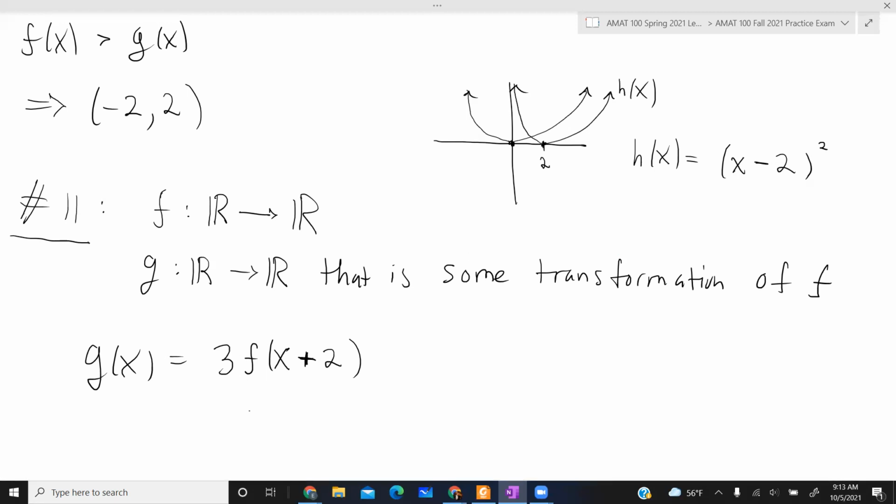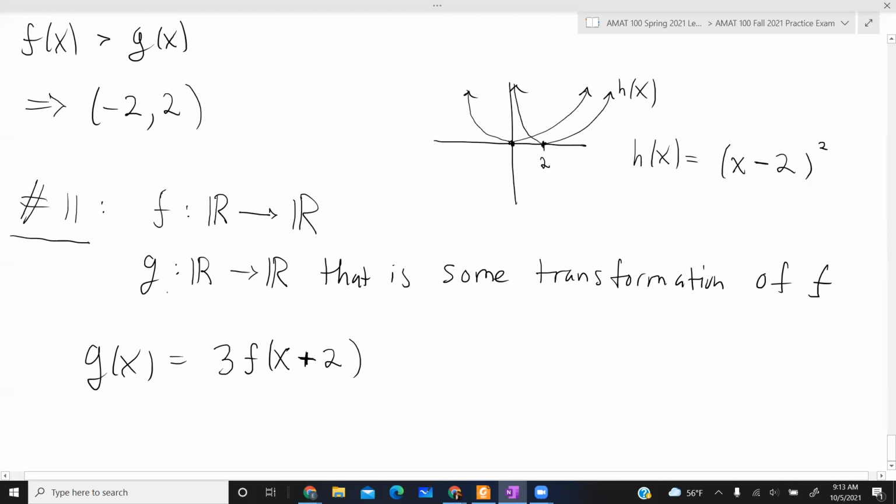You give an x value, you plug it into f of x, and that will be your y coordinate when you're thinking about the graphical function. And in order to stretch things vertically, I need to multiply my y values, namely my f of x values. So I have to multiply on the outside.